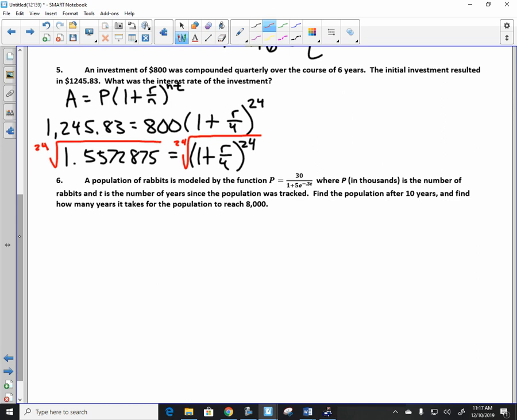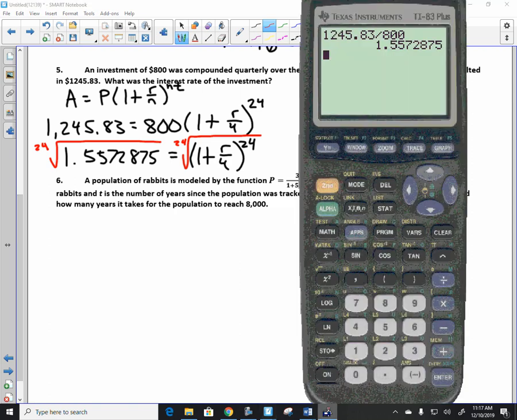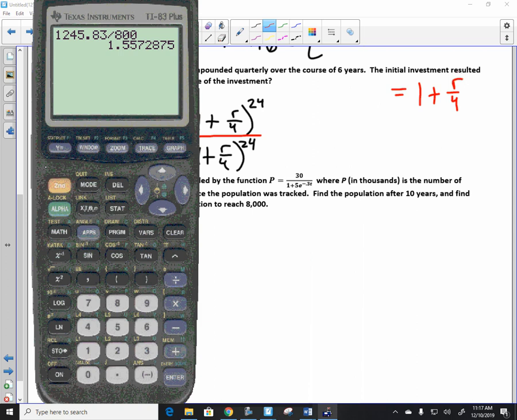You've probably never taken something to the 1 over 24th power. So on the right-hand side, you have 1 plus r over 4. And on the left-hand side, we're going to have to take that 1.55728. The way we take the 24th root is we raise it to, and again, as I said, parentheses 1 divided by 24. And you get 1.0186.